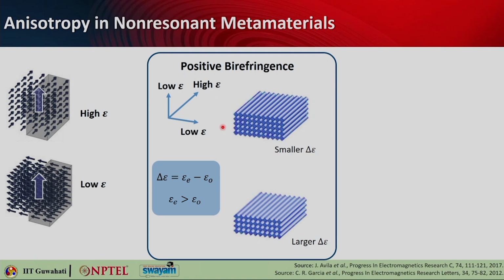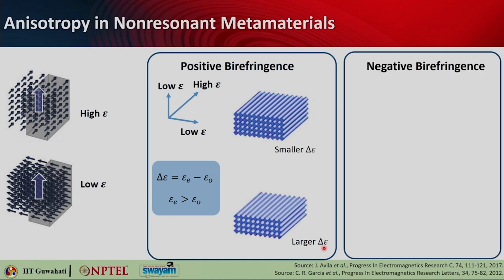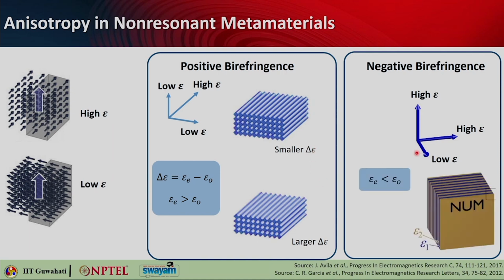Now, if you think of the birefringence, this will be called positive birefringence, because you can call this the extraordinary permittivity, and these are the ordinary ones. So, this is epsilon E minus epsilon O. So, delta epsilon here is positive, and it has been seen that this gives you a smaller delta epsilon, whereas if you drill holes, you will get a larger delta epsilon. You can also think of negative birefringence, which you can achieve by placing sheets of different materials periodically.